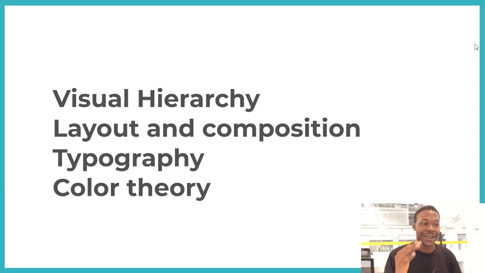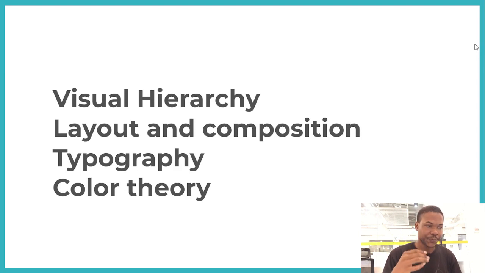We wouldn't go over every single one of these things because there are a lot of things to go through. But what I will do today in this video is go over visual hierarchy to the best of my abilities. And I'm very sure that this will help you drastically improve the quality of your designs.